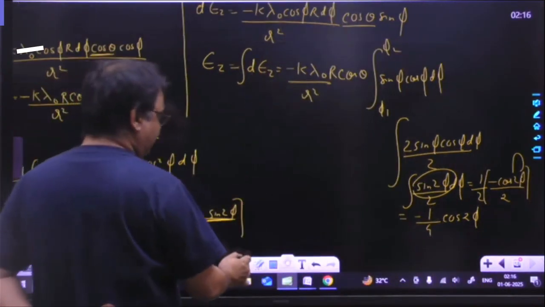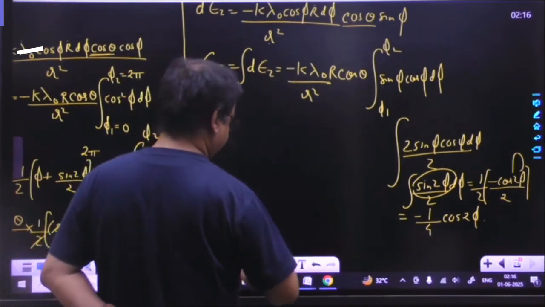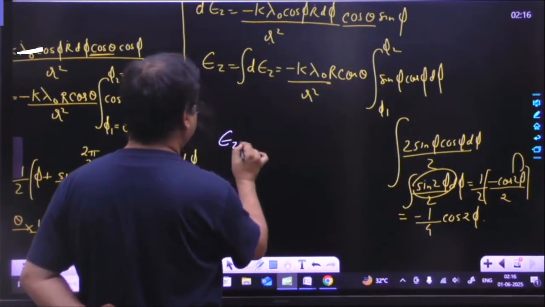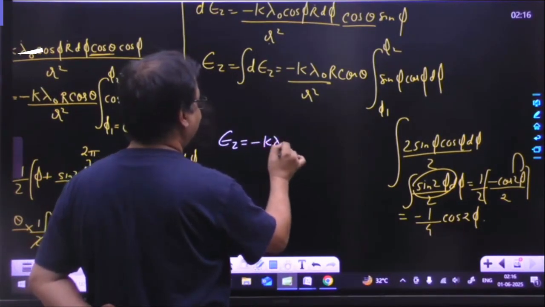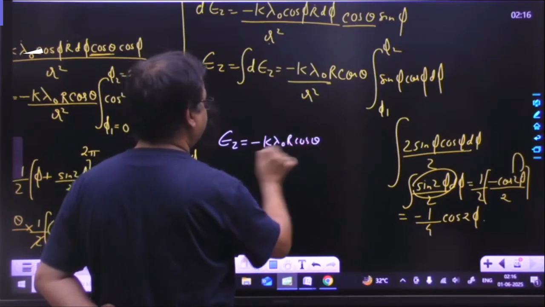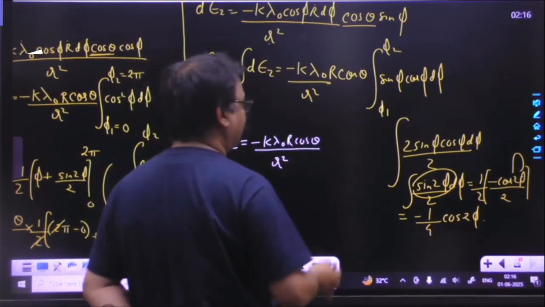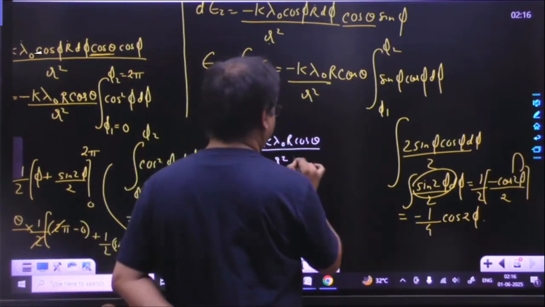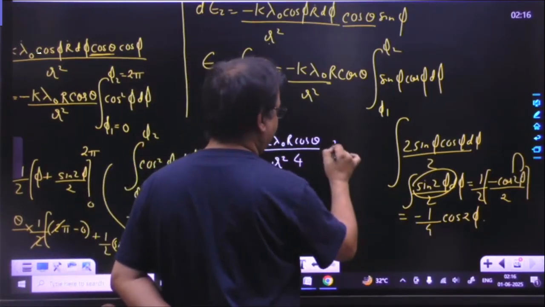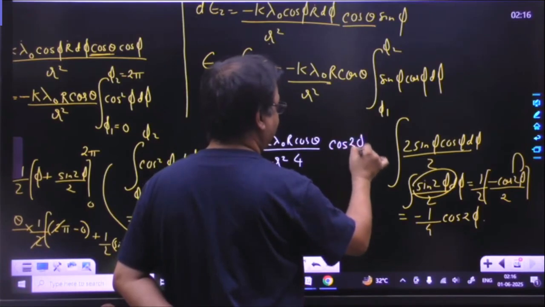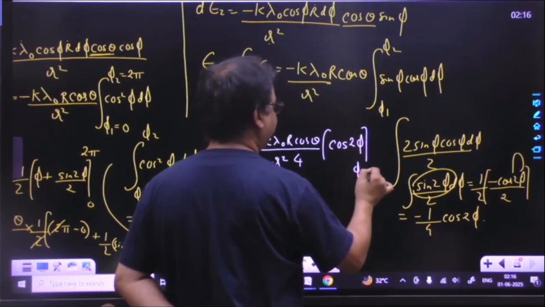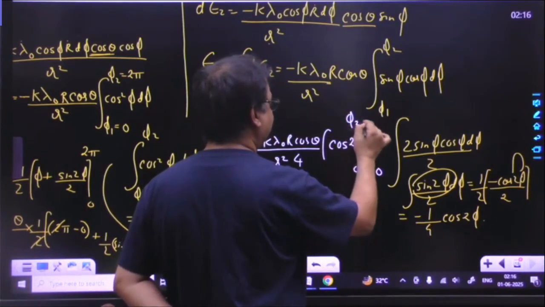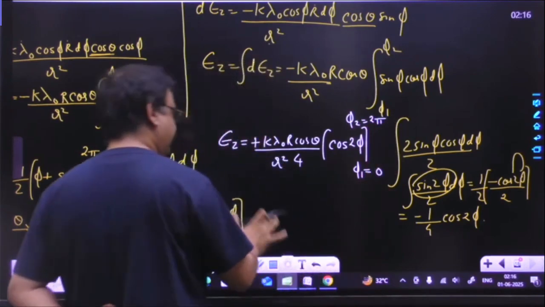So your Ez will come to be how much? Your Ez will come to be minus k lambda naught r cos theta divided by r square, and minus into minus will be plus because there is a minus, and I'll get 4 cos of 2 phi within the limit phi 1 beginning with the azimuth of 0, phi 2 ending at the azimuth of 2 pi. Got it?